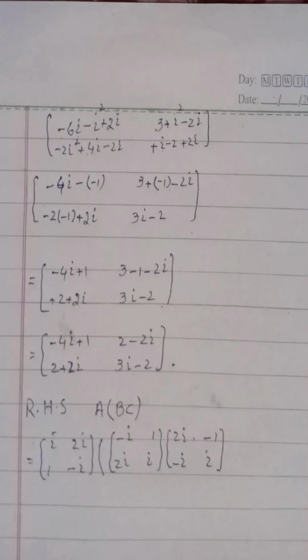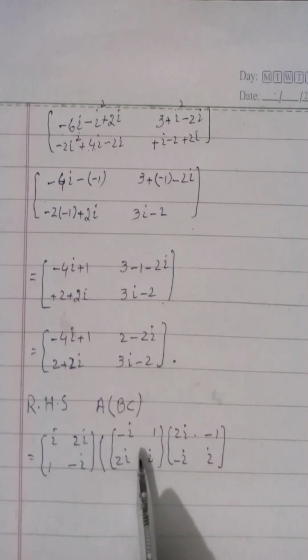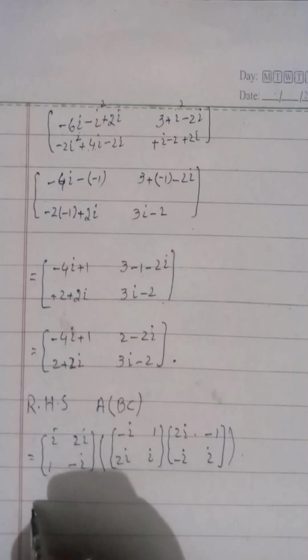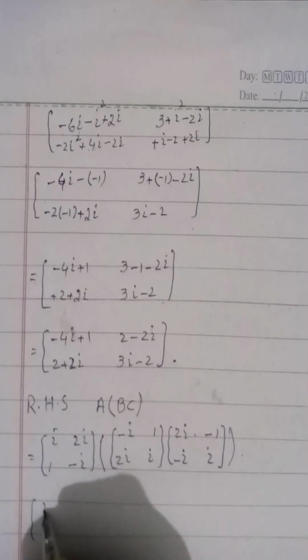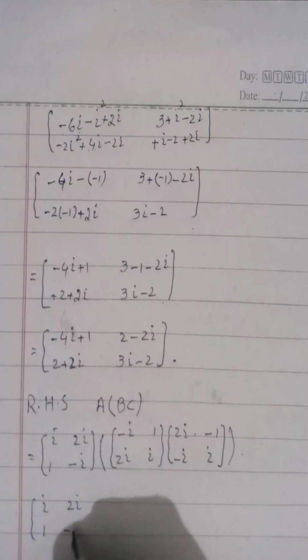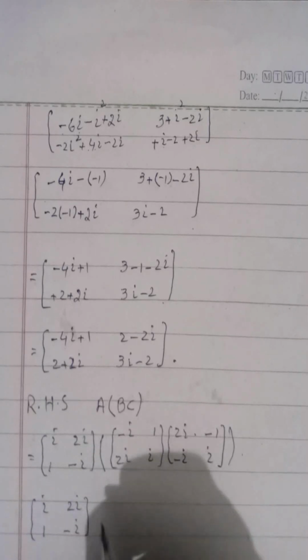In this product, we first multiply B with C. A is same: iota, 2 iota, 1, minus iota.